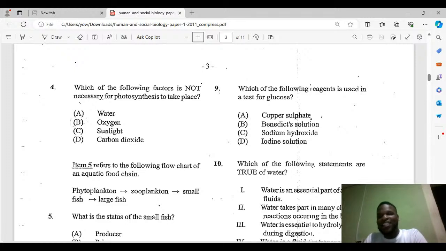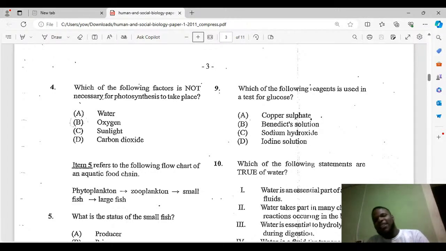I'm seeing salt. You sure? Sodium hydroxide, what is it used to test? It's used to test for protein. So you can't just swat the paper.